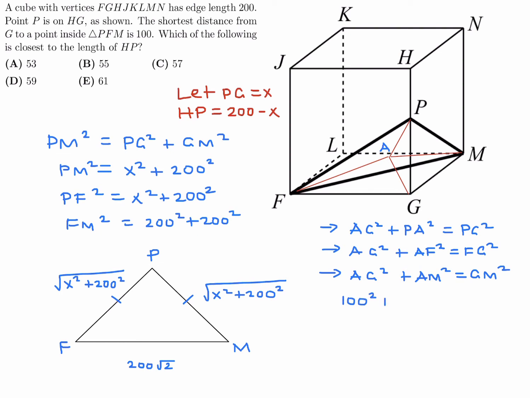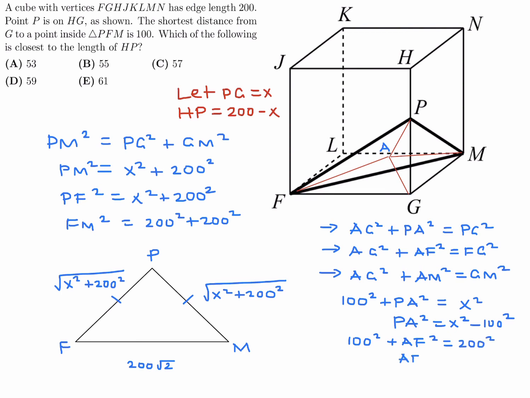100 squared plus PA squared is equal to, well, PG is x, so x squared. So that means PA squared is equal to x squared minus 100 squared. And then this one gives me AG squared, which is 100 squared, plus AF squared is equal to FG squared. And FG is just the side, so 200 squared.